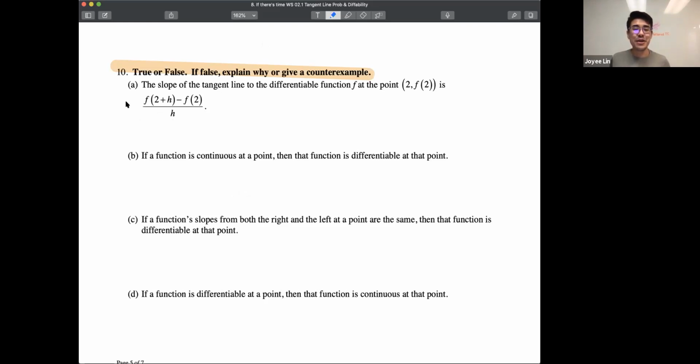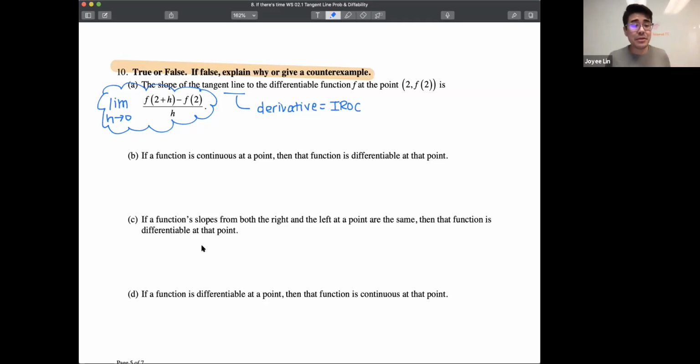We need to figure out that the limit as h approaches 0, right? We remember that we said the slope of the tangent line is equal to the derivative. And then the derivative is equal to the instantaneous rate of change. So the expression they gave you in part A is just the average rate of change. So don't forget to write limit in case you get a limit notation question for derivative.